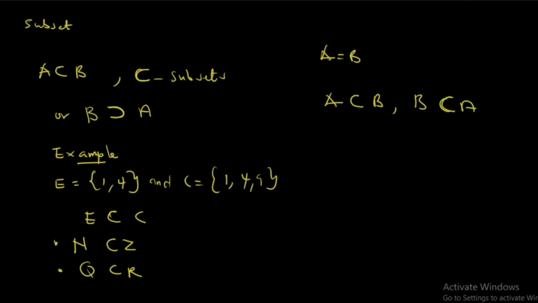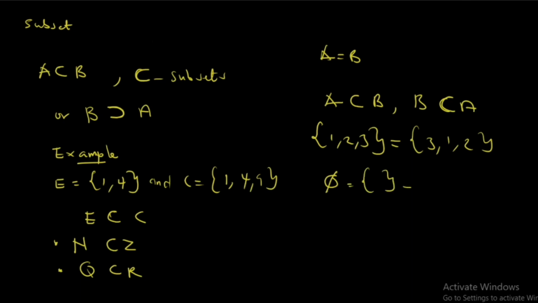So we could have that a set which is 1, 2, 3 would be equal to 3, 1, 2. But if the set has no element, we could represent it as this, an empty set. And this is called an empty set or a null set.